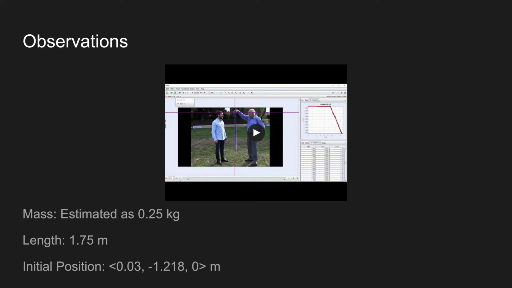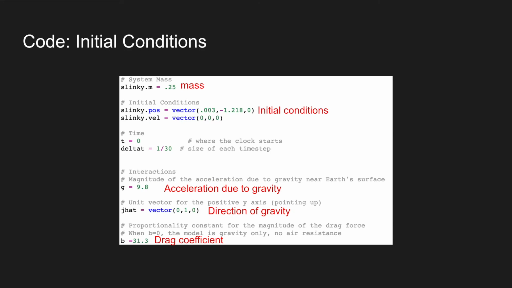The initial mass is estimated at 0.25 kilograms, the fully stretched length of the slinky at 1.75 meters, and the initial position of the red center of mass at (0.03, negative 1.218) meters as stated by Tracker. To set up my computational model, I had to include a few initial conditions.